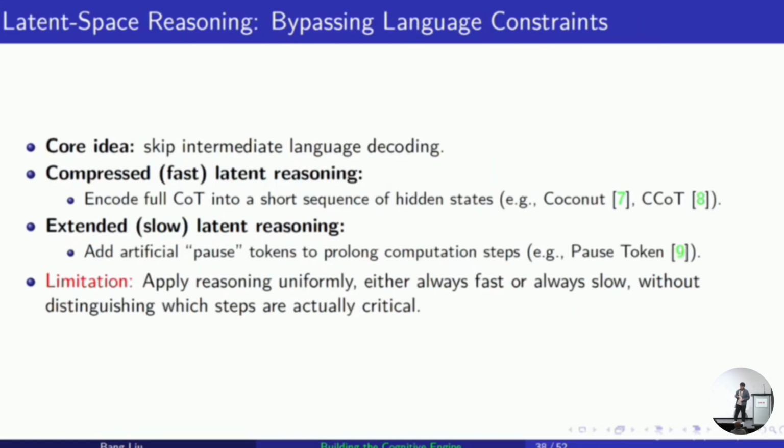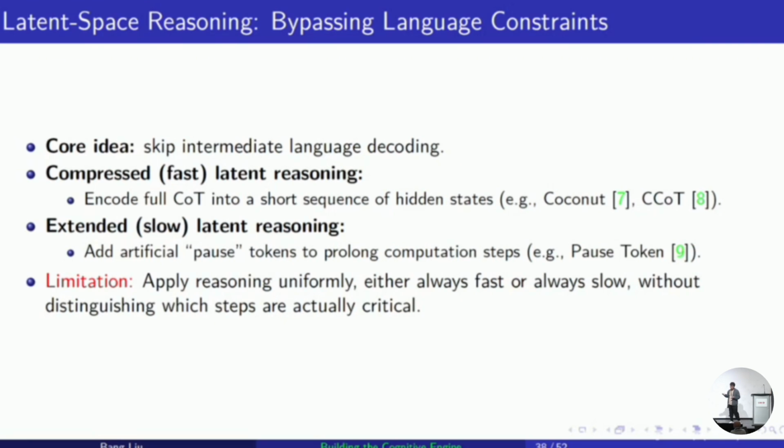And another way is to bypass the language constraints. Let's do the reasoning in the latent space. The core idea is that we can skip some intermediate language decoding, and have compressed, fast latent reasoning. We can also extend with slow latent reasoning by injecting special tokens to indicate a pause or deeper thought and so on.